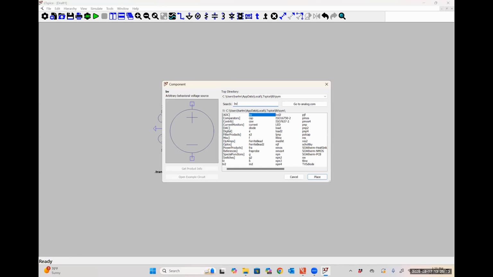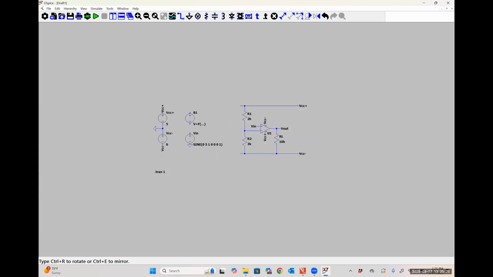This is a behavioral voltage source. That's just a fancy word for effectively a dependent voltage source in LTspice speak. What it allows me to do is generate a voltage that is a function of something. I'm going to put these two in series so that my new input signal, at this top node, I'm going to call Vn plus N, for Vn plus noise.